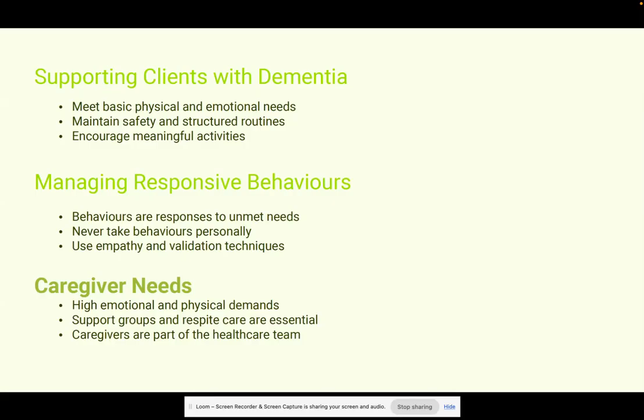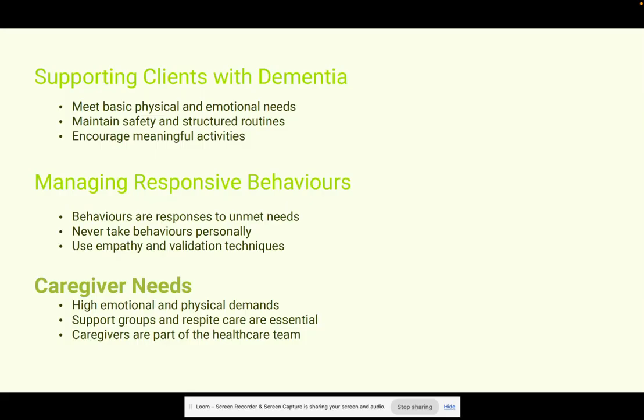In terms of managing responsive behaviors, always remember that if they've done something a little bit foul, or said bad words about you, make sure that it's not personal, right? Always remember that they've done these things because they are going through some illness, behavioral illness, right? So make sure that you empathize with them and validate their feelings. Don't take things personally.